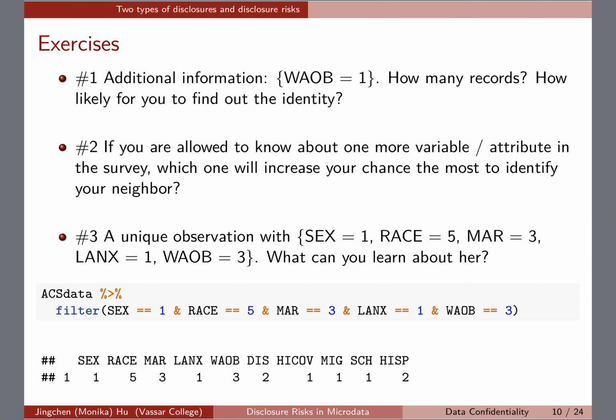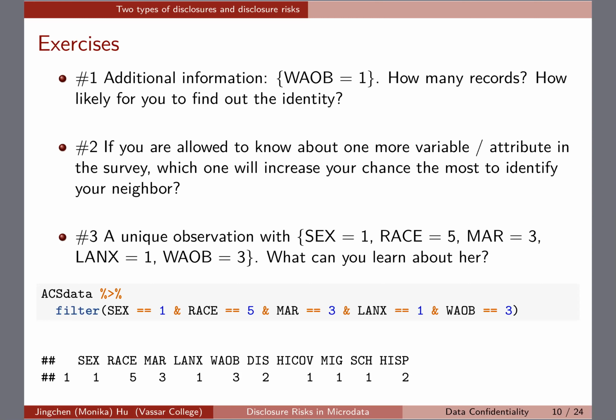So what can you learn about her now? What do you think? Pretty much everything, right? Anything in the survey. So it's disability status, healthcare coverage status, immigration status, school, and then Hispanic, right?